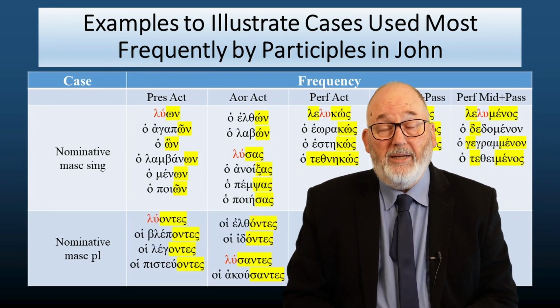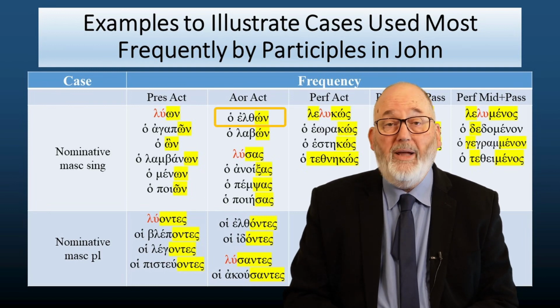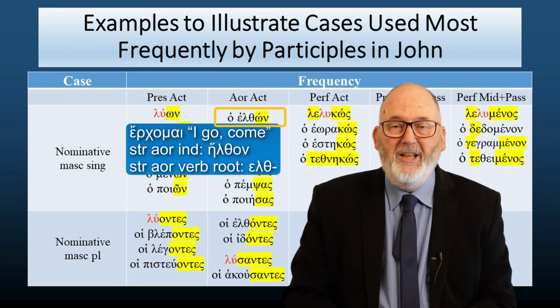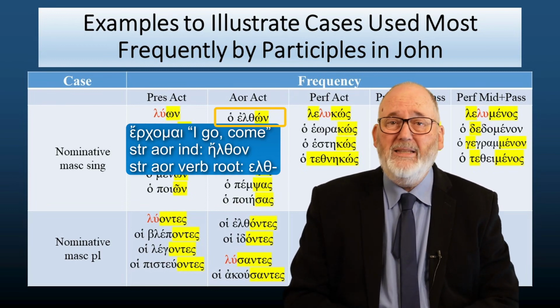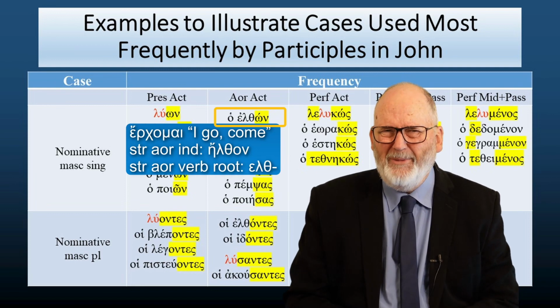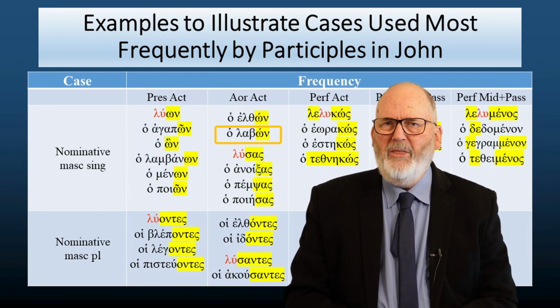Now we have some examples of aorist tense constructions here. So we've got ho elthōn, the one who comes. You'll notice that it's still translated pretty much the same. The difference is aspect. We're going to talk about that in a second or two as well. Ho labōn, the one who takes.